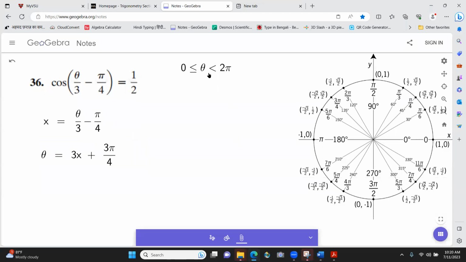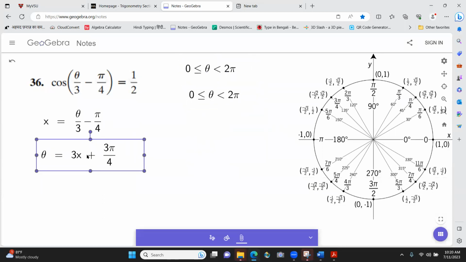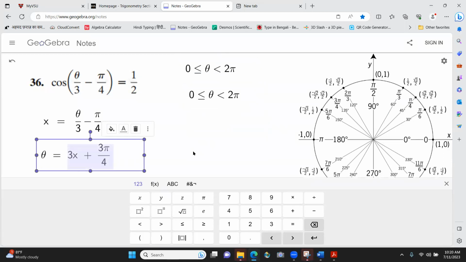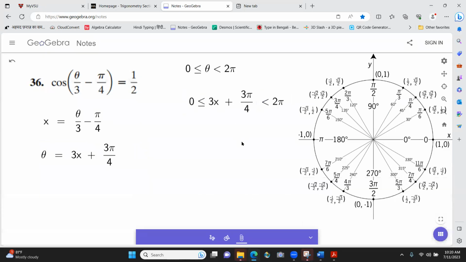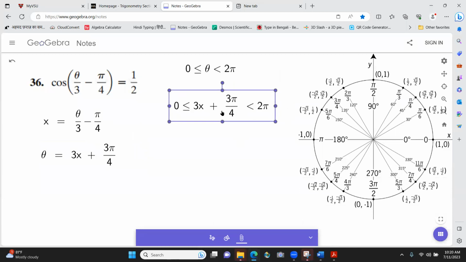All right, now I'm going to go back in my equation, inequality. I don't know why I say equation, inequality. I'm going to replace theta with this guy. All right, I'm going to isolate x. That means subtract 3 pi over 4 from both sides.